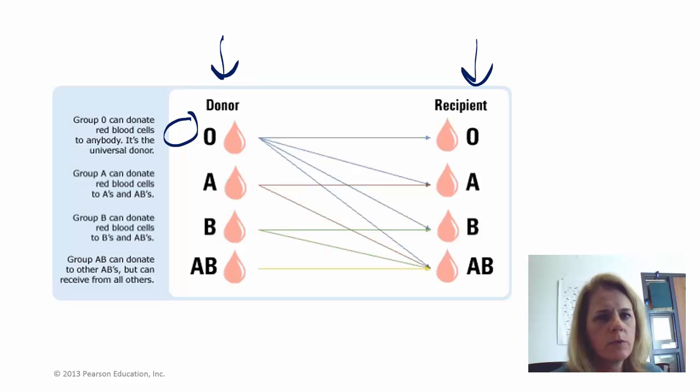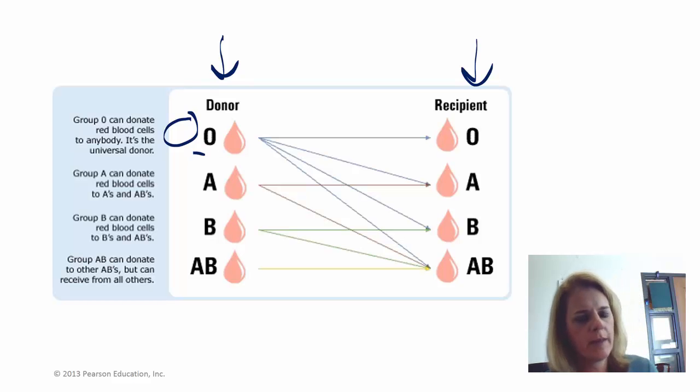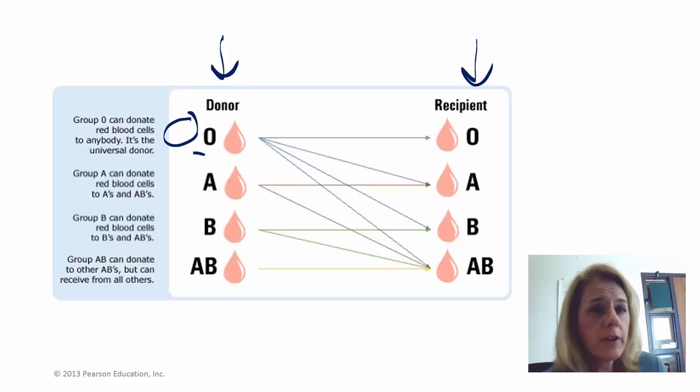Now when you donate, we're talking about really packed red blood cells here, so there's really not any plasma left. You're just giving packed red blood cells. And even if it's whole blood, there's really not enough plasma in the donor blood to cause any kind of transfusion reaction. So what you're really talking about is the plasma in the recipient. That's really the plasma you're worried about, those antibodies. You're not really worried about any plasma that might be coming over from the O blood. So as the donor, you're giving those packed red cells with no antigens.